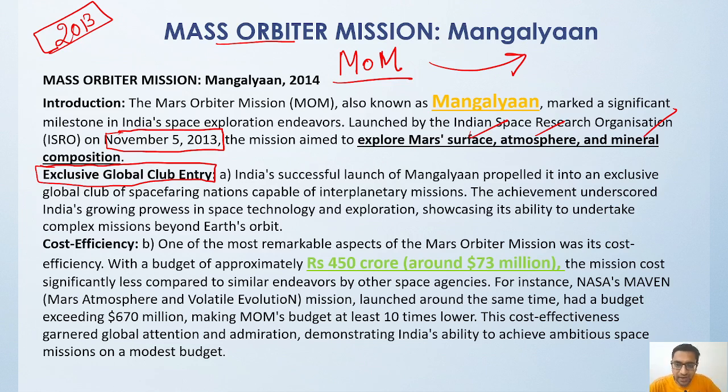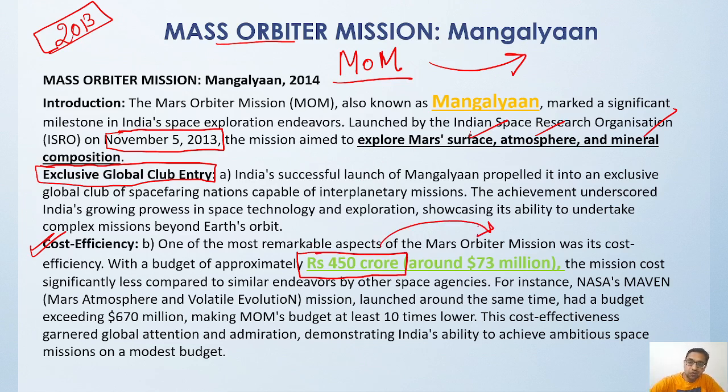One of the most striking features of this mission is its cost effectiveness. The Mars Orbiter Mission was sent at rupees 450 crore only, that is close to $73 million.